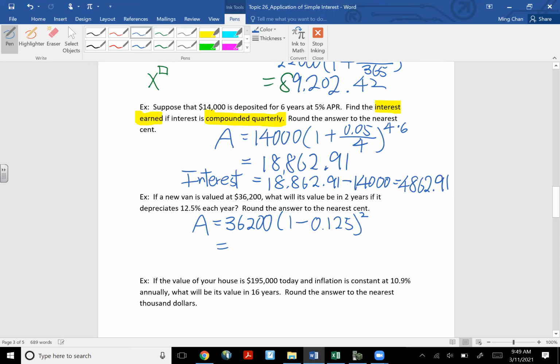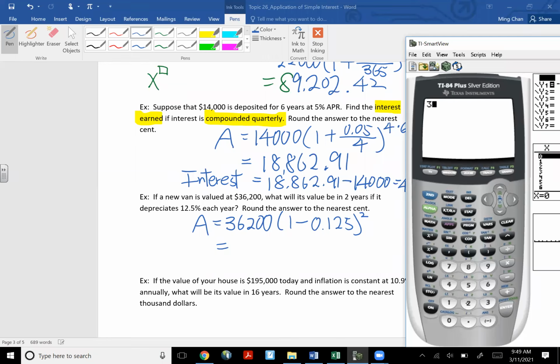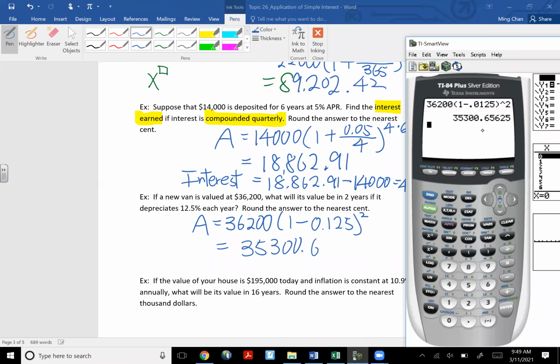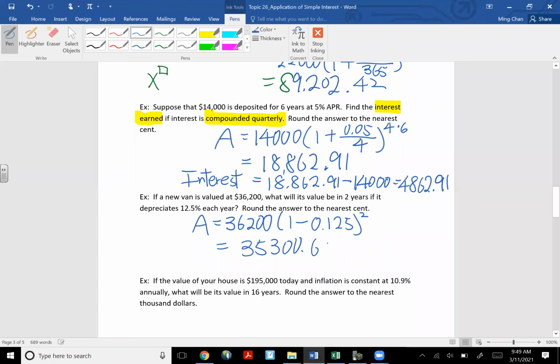So a brand new van, 2 years later, at a depreciation of 12.5%: 36,200 times 1 minus 0.125 raised to the second power. 2 years later, the van is worth $27,463.66, depreciating over time.